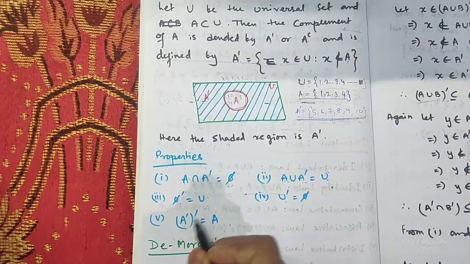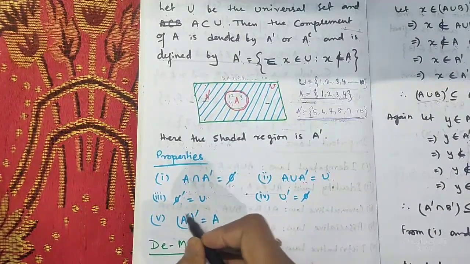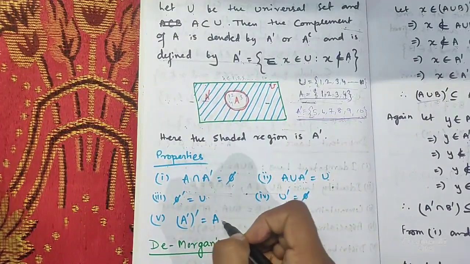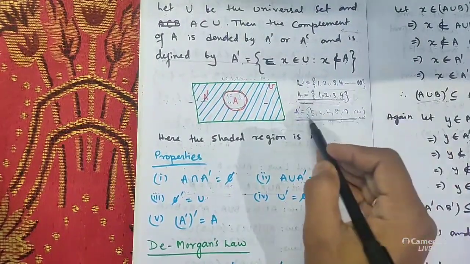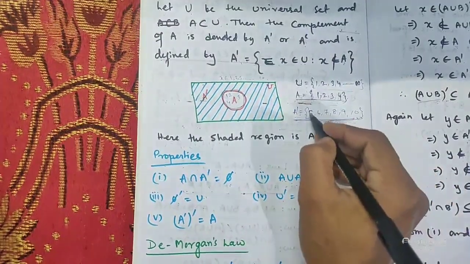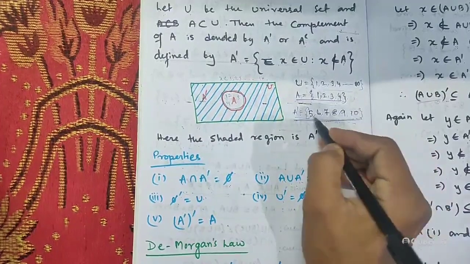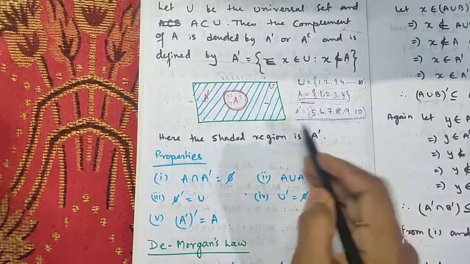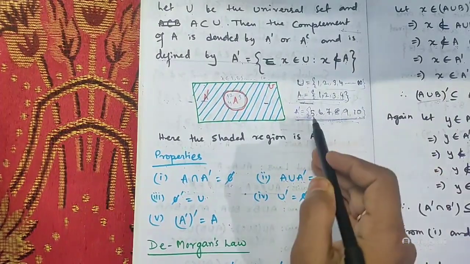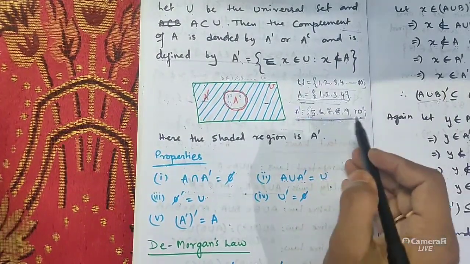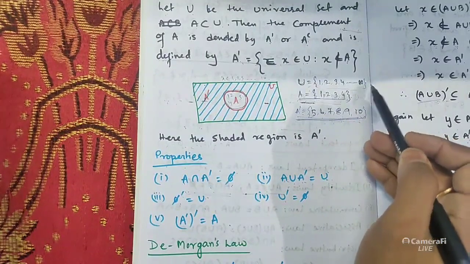Complement of a complement is equal to the set itself. If you take the complement of A complement, you will get the set A. See from this example, this is A complement: 5, 6, 7, 8, 9, 10. Now if you take the complement of this A complement, that means 5, 6, 7, 8, 9, 10, you have to remove from the universal set and the remaining elements will be the complement.